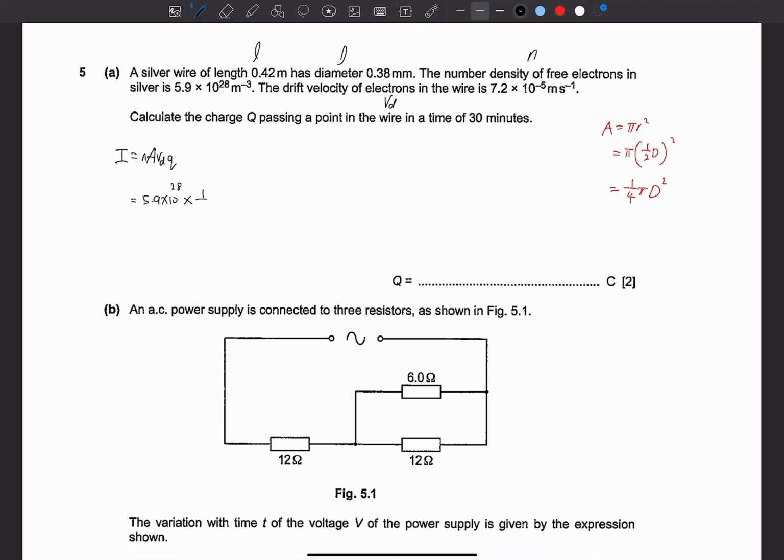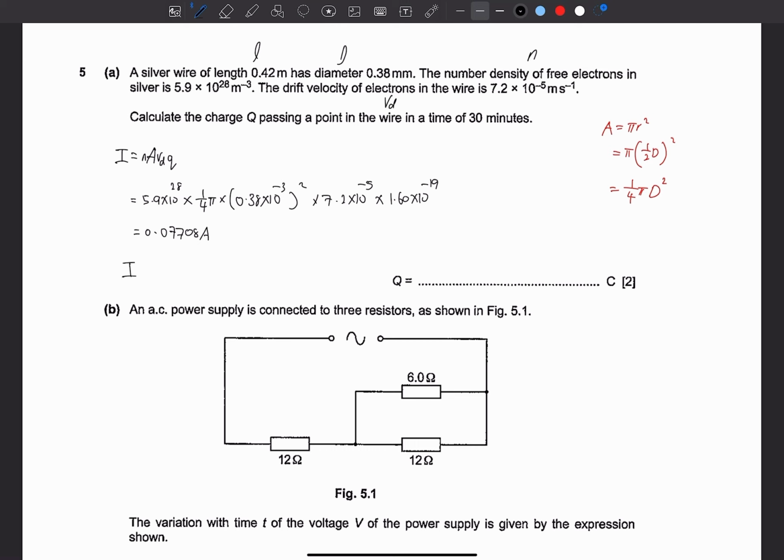So sub it in. 1/4 pi multiplied by d, 0.38 times 10 to the power of minus 3, whole thing squared, multiplied by the drift velocity, which is 7.2 times 10 to the power of minus 5, multiplied by the elementary charge of the electron, which is 1.60 times 10 to the power of minus 19. We will arrive at 0.007708 amperes.